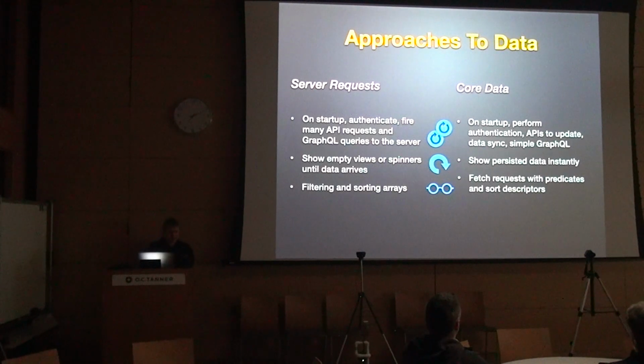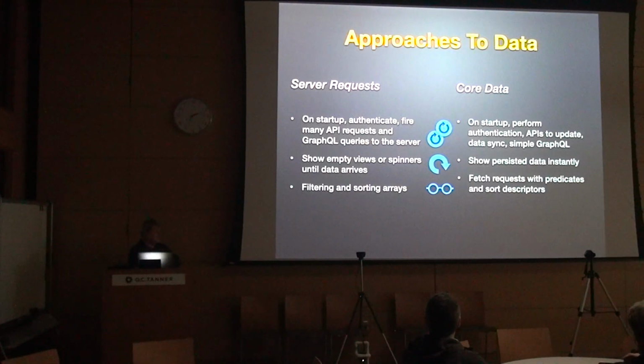Contrast that with Core Data persistence. On startup, you do want to check your authentication, and at that point, you want to do a background database sync. In other words, if your authentication's okay, you're in.